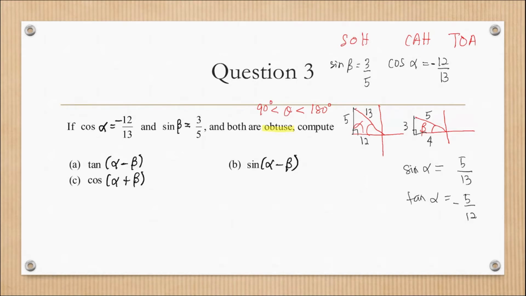The only positive in the second quadrant is sin. So let's find cos beta and tangent beta. So cos beta is negative 4 per 5. Tangent beta is negative 3 per 4.